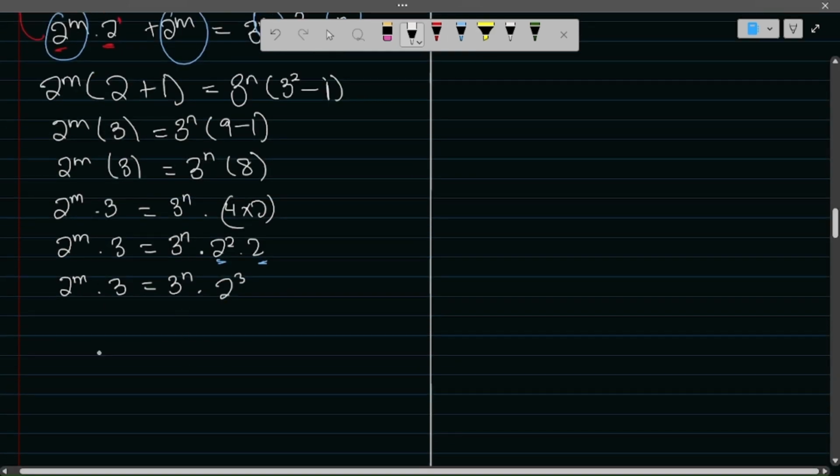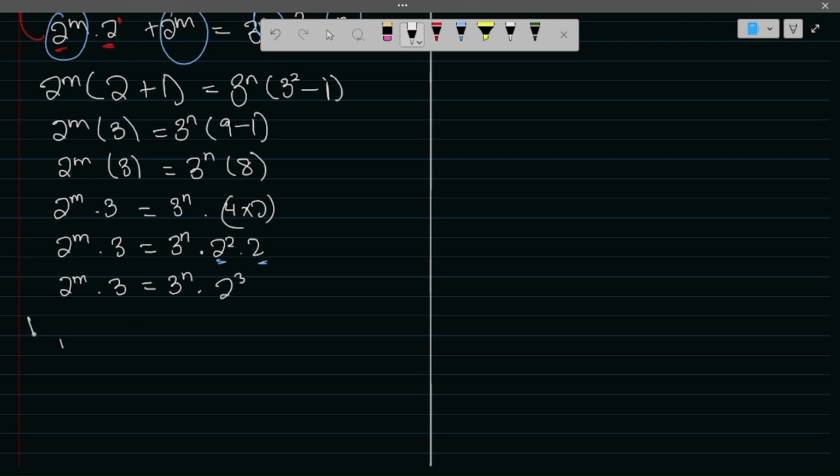So we say by inspection that 2 to the power m is equal to 2 to the power 3, and 3 to the power n is equal to 3, right? Again, the bases are the same, so all you do is drop the exponents. m is equal to 3.